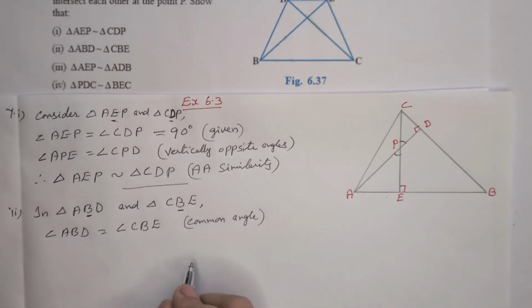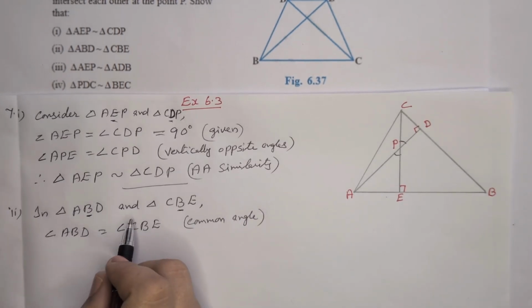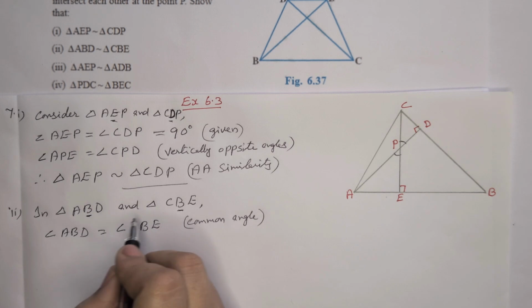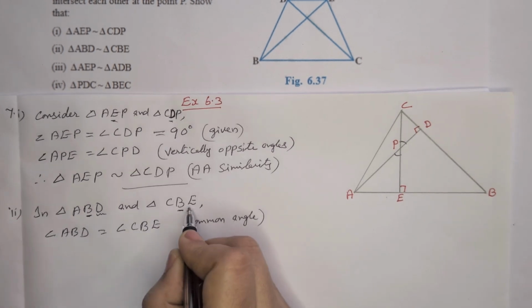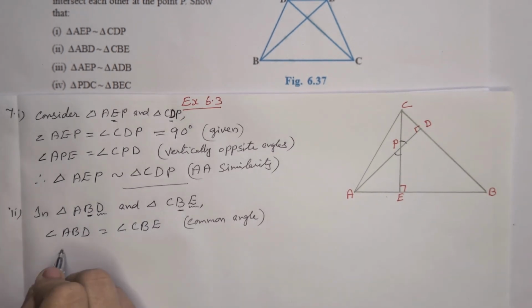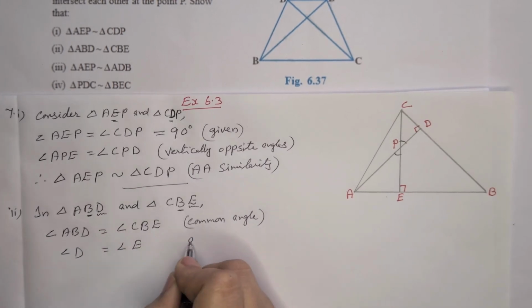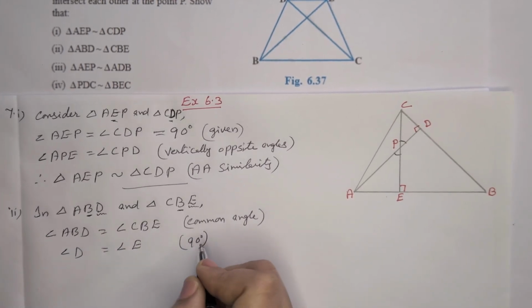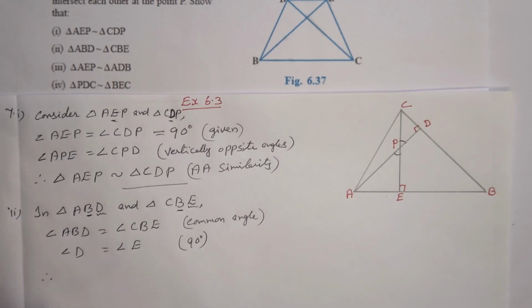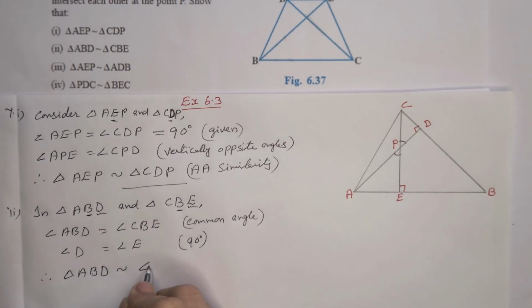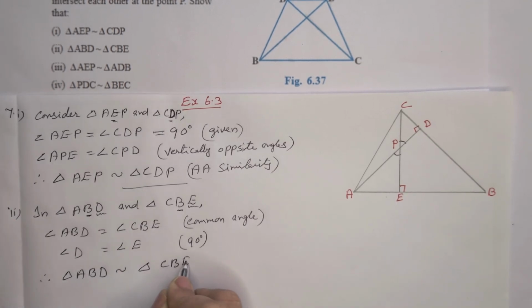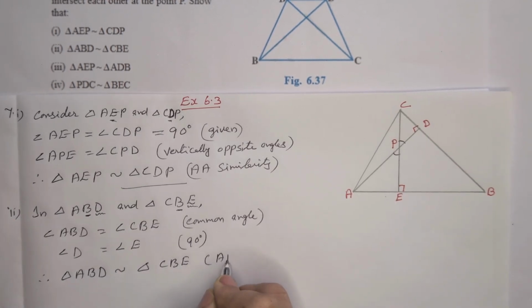Then here we can see angle D is equal to angle E, 90 degrees. Therefore, two angles are equal, so triangle ABD is similar to triangle CBE by AA similarity.